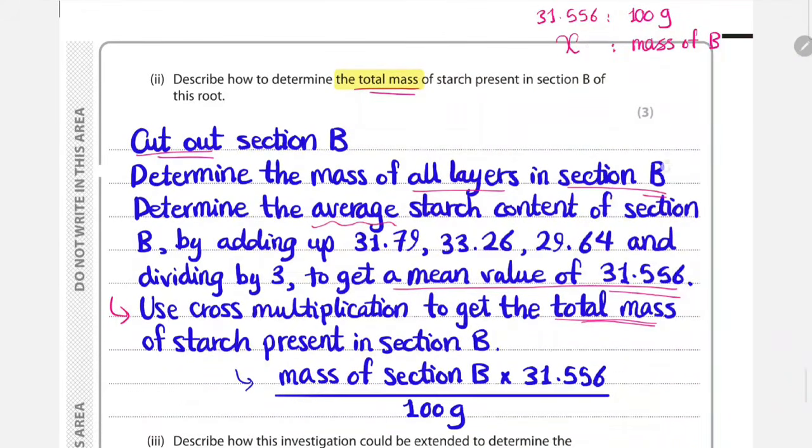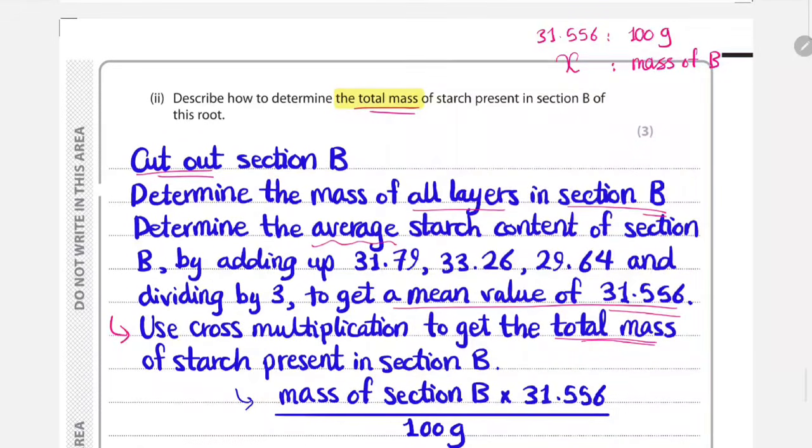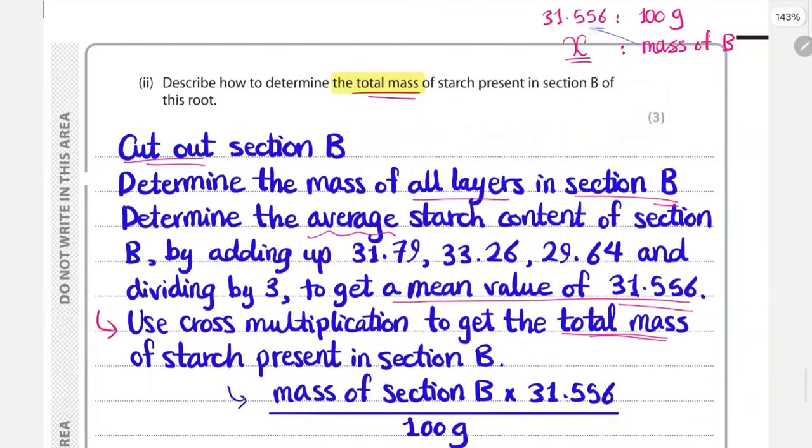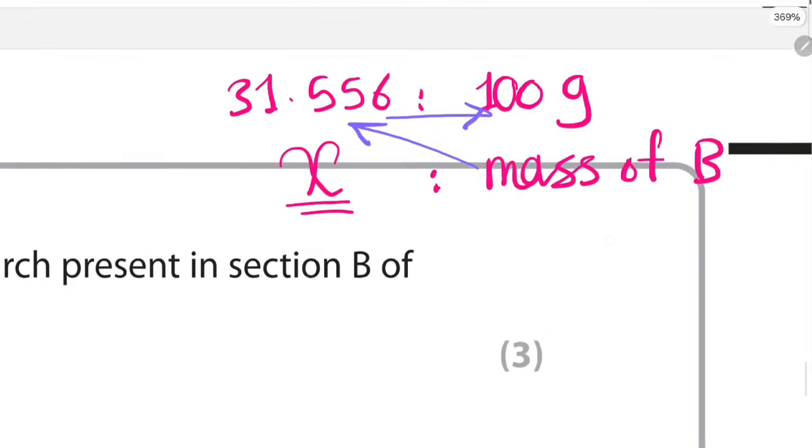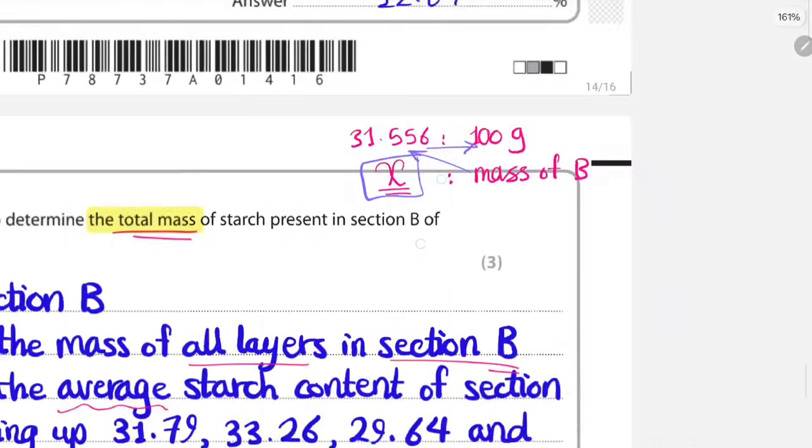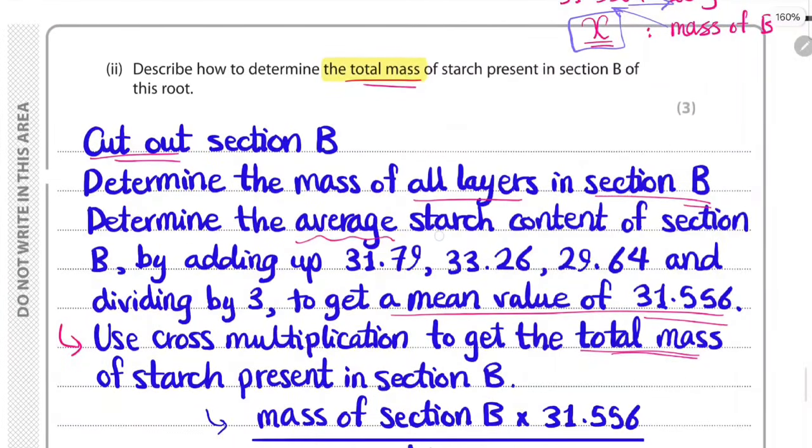This will be my missing point. So if I need to get the x here, I'm going to use cross multiplication by multiplying mass of B times 31.556 and divide this by 100 grams to get the x. The x here is the missing part of this equation, which is the total mass of starch present in section B of this root.